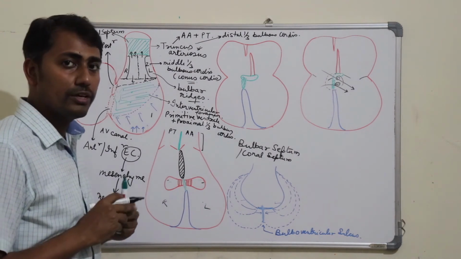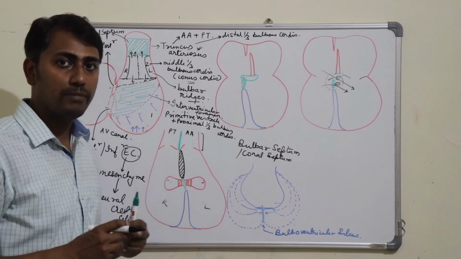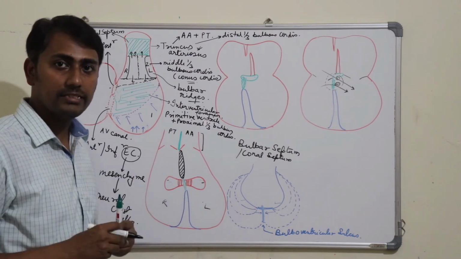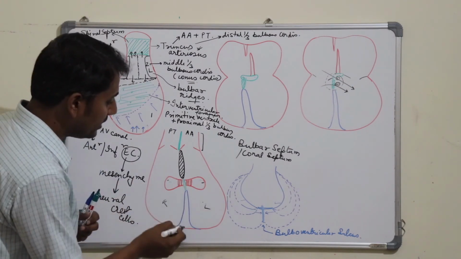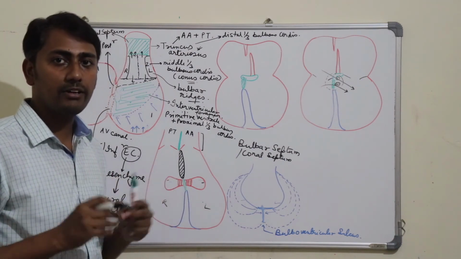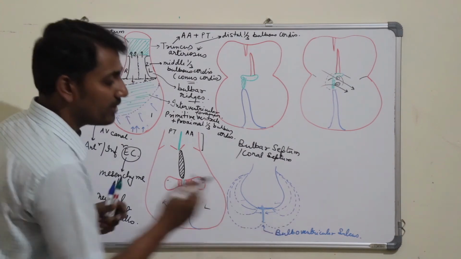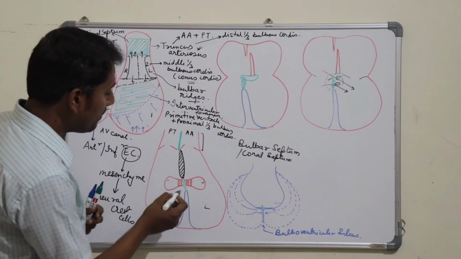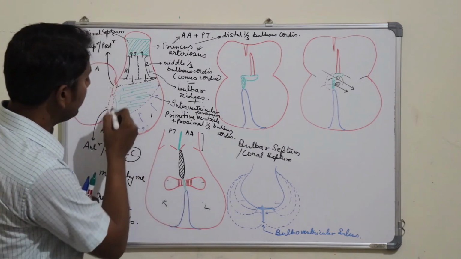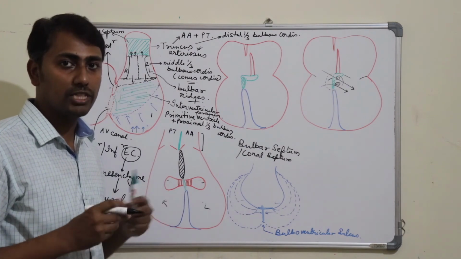So, if we summarize it, the interventricular septum is formed by three components. The muscular part will be formed by the muscular interventricular septum, which was formed by the dilatation of the ventricular cavity, and the membranous part will be formed by proliferation of the endocardial cushion.